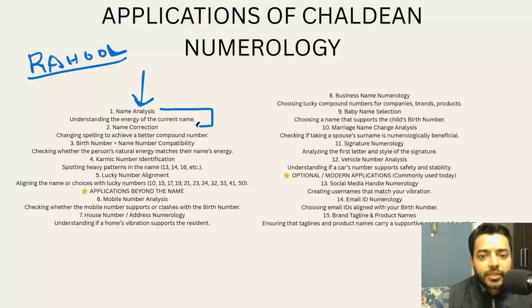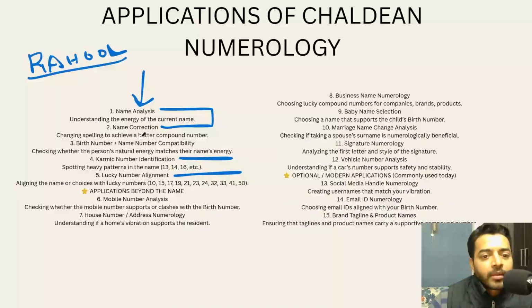So name analysis, you analyze the name, you understand the compound number, and if the compound number leads to a karmic number, then you would like to change some characters in the name to make it a better lucky name, right? So it requires name analysis and then name correction, and you will also identify if it has a karmic number or not, and you will also analyze if it has a lucky number or not.